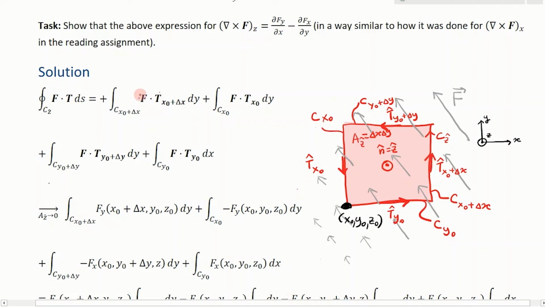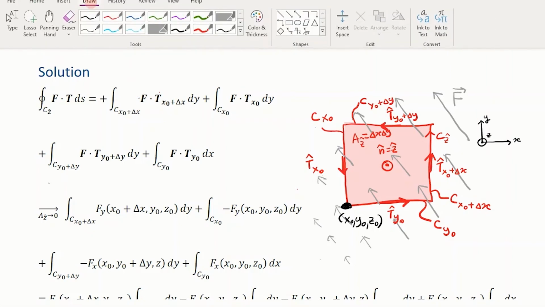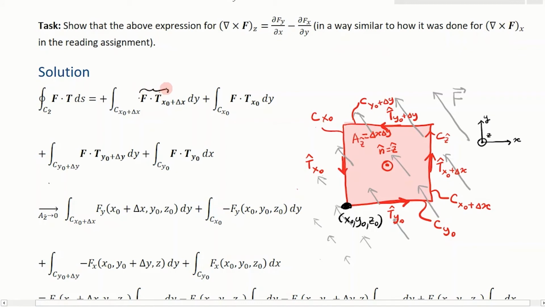So when I take a dot product with f, I'm only sampling out the fy component of this vector. And the fy component in this case, since we are on this contour, is going to be at x naught plus delta x, at some y, whatever the y value is at any of the points on this contour, and then at z naught.